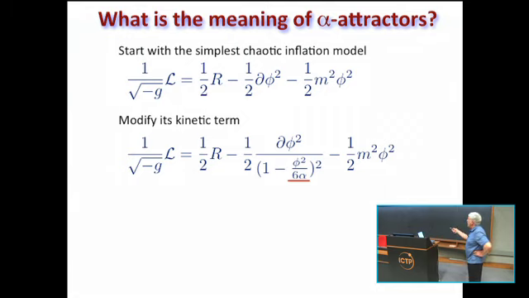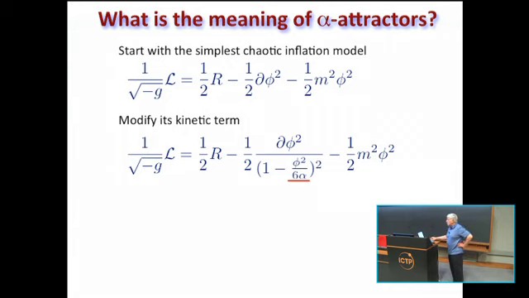When this parameter alpha is very large, this term is very small, so no change. When alpha becomes smaller, the field phi exists only when it is small enough, which actually quite often happens in theories like supergravity. But at the moment, let's just consider this phenomenologically.